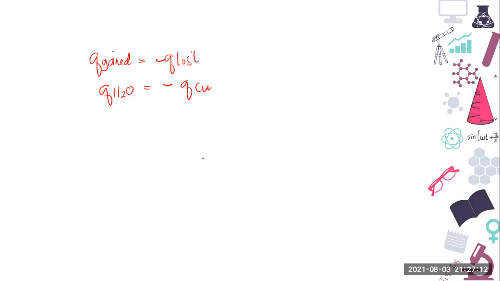Okay, and in problems like this, we have a generic formula for Q, which is MC delta T. So this is MC delta T, which is also equal to negative MC delta T. If you get the analysis up to this point, the chances of you getting the correct answer is already big, unless, of course, there are errors in inputting the values in the calculator.